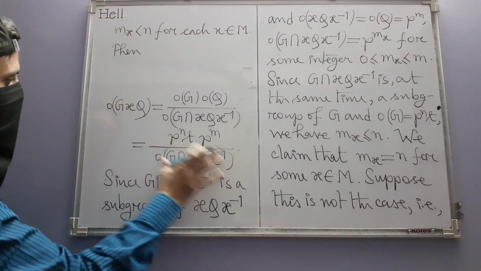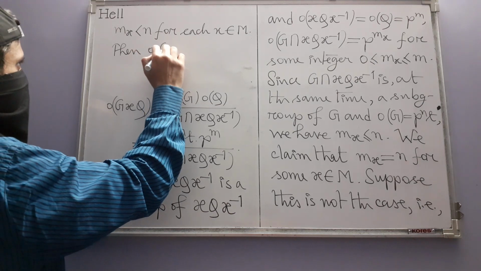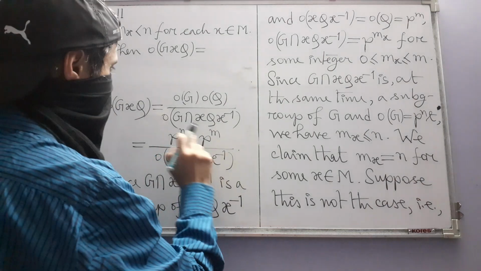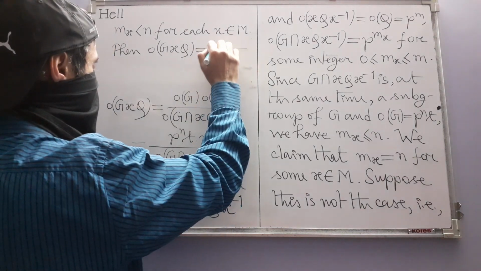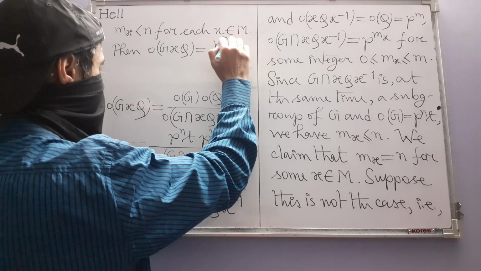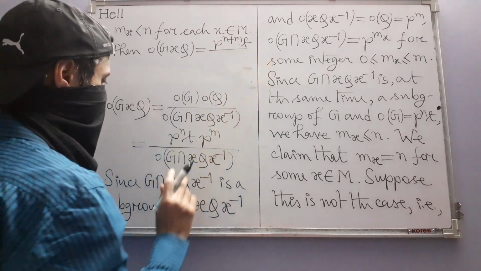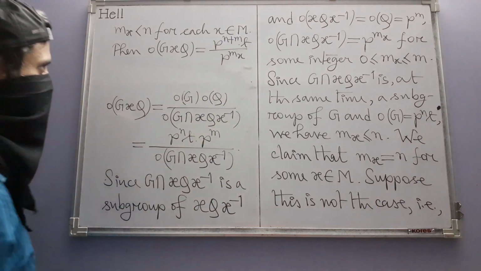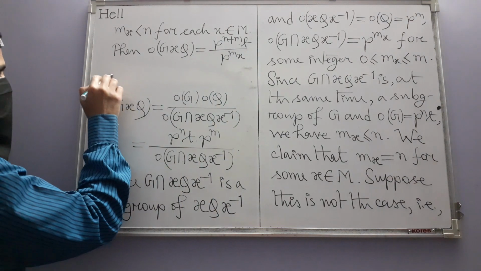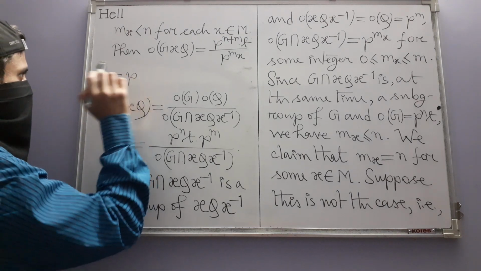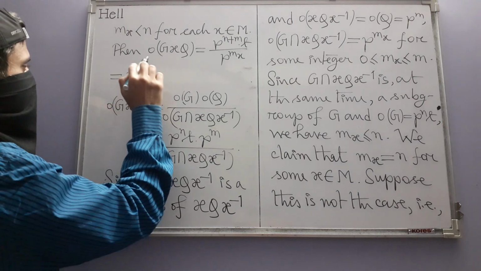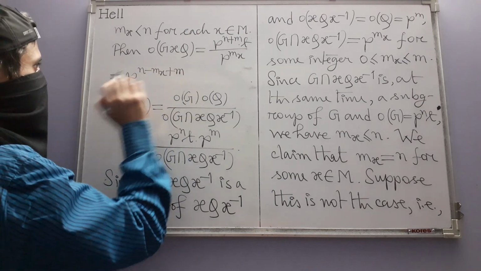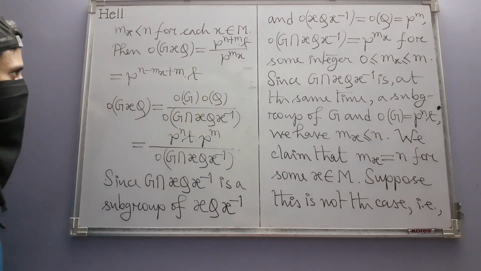Then let's look at this order. Already the numerator had some form p to the power n plus m times t, but now the denominator also we know what type of number it is, p to the power mx. And if you write it even more compactly, then you get n minus mx plus m in the exponent times t.